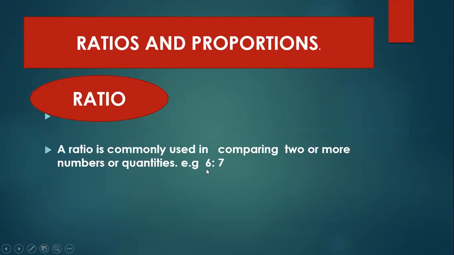But if I change it to 7:6, it will now be referred to as an increasing ratio. So we have increasing and decreasing ratios depending on how those two quantities or numbers are being shared.